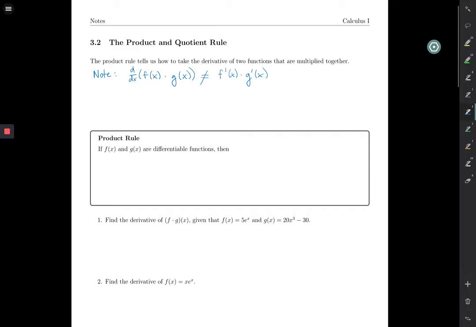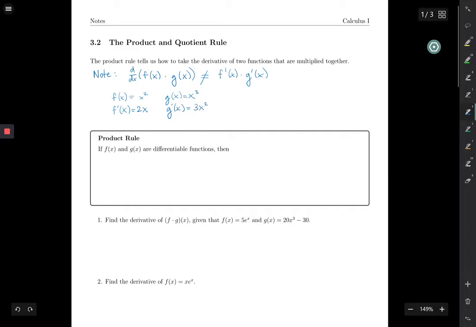Okay, so we can see an example of this by just looking at some very simple functions. So first of all, if we look at f equal to x squared and g equal to x cubed, then we know from the power rule that the derivative of x squared is 2x, and the derivative of x cubed is 3x squared, right?